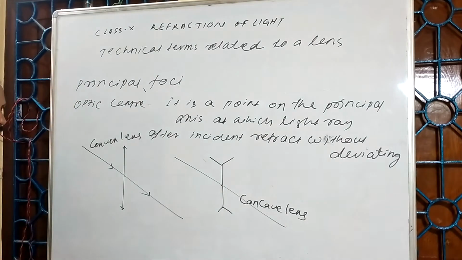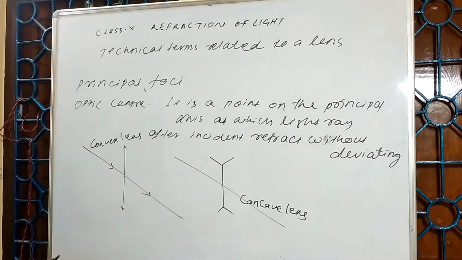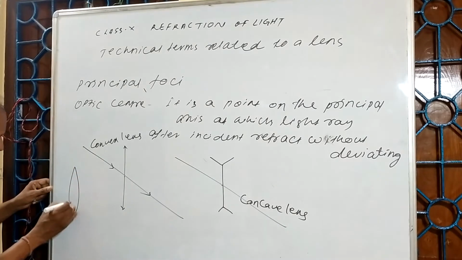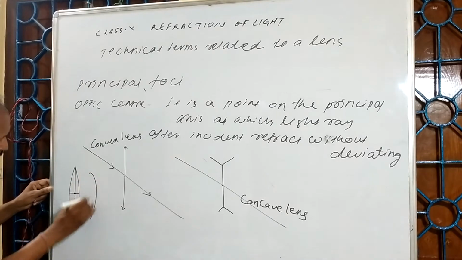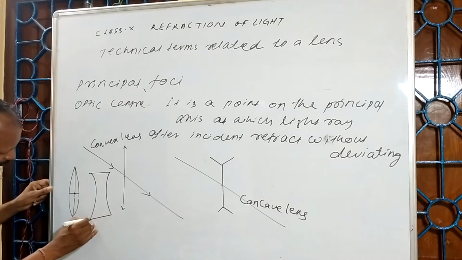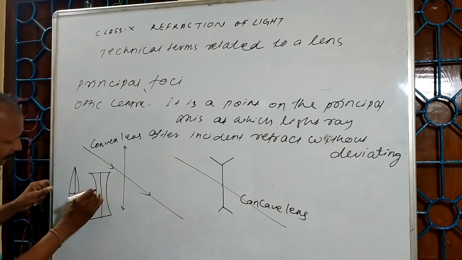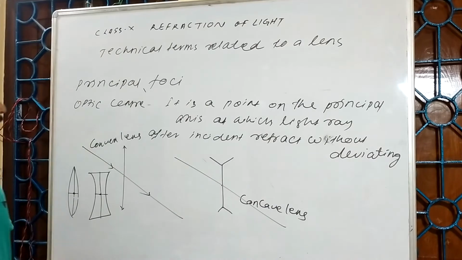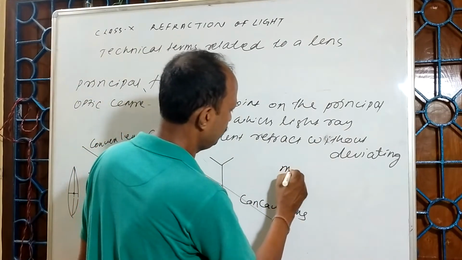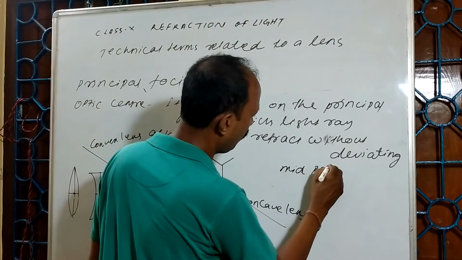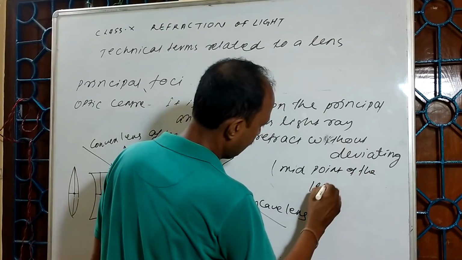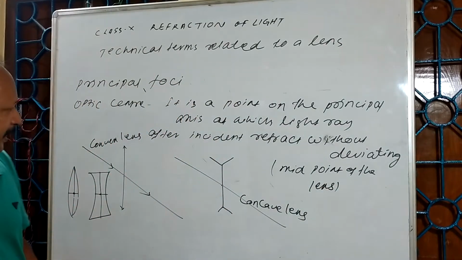So that central point is the optic center, or you can simply say that it is the midpoint of the lens. This is the plane of the lens, this is the principal axis, this is the midpoint of the lens, which is called the optic center.